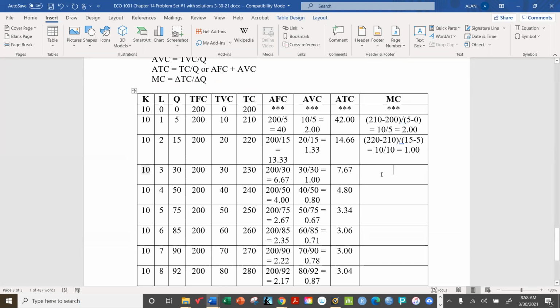And then for this row, your total cost went from 220 to 230, when the output went from 15 to 30. So we got 10 over 15, which is only 0.67.